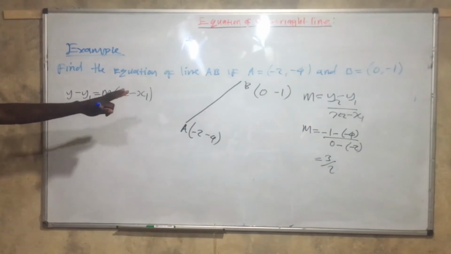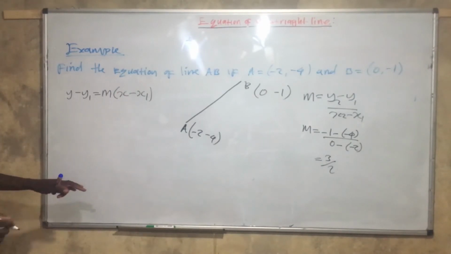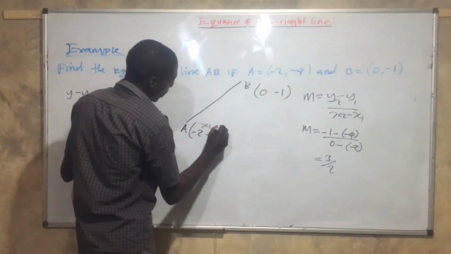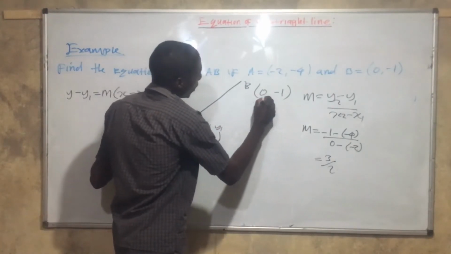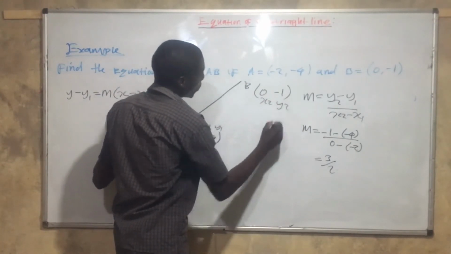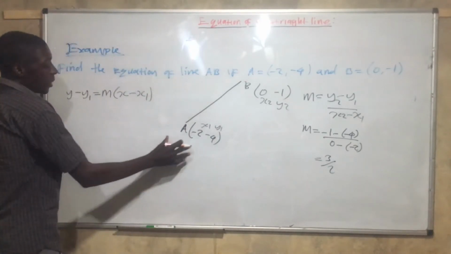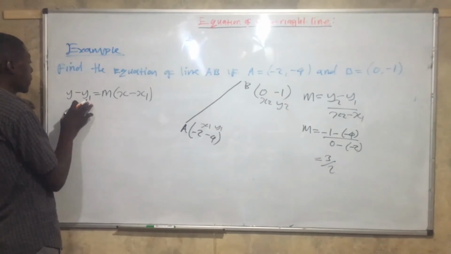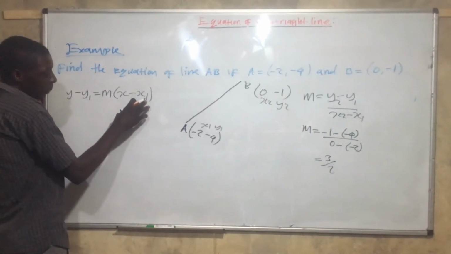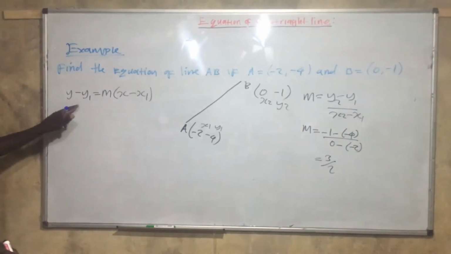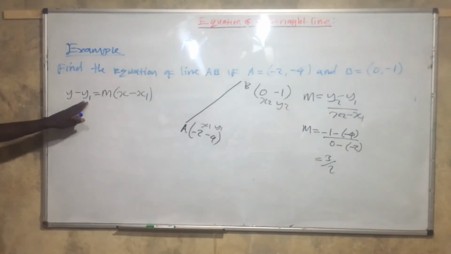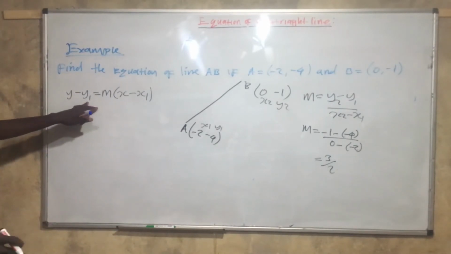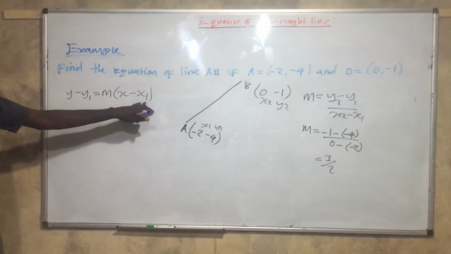We are using those coordinates, where we said this is our x1, y1, then x2, y2. We are only using these two points, because here we have x1, y1 and the gradient; we have not indicated x2 and y2 there. The x and y are just the constant variables.